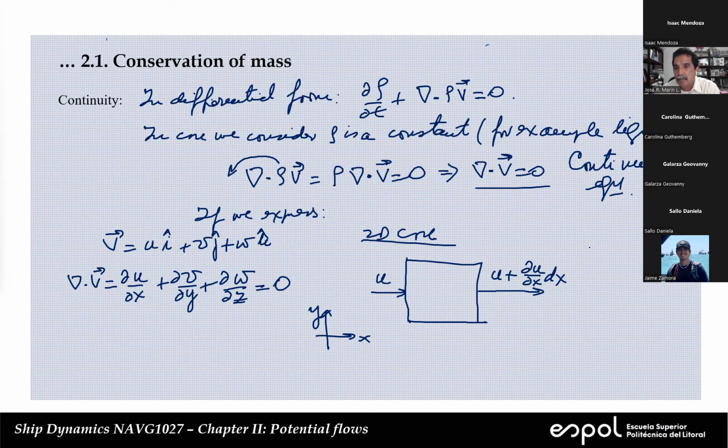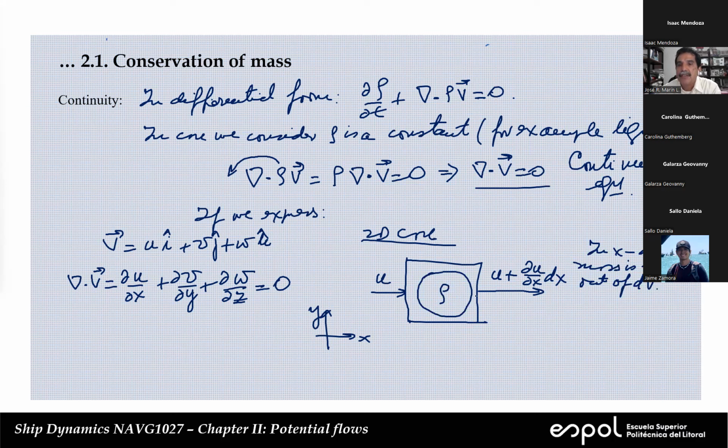So in the x direction, mass is flowing out of dv. That means that inside we are losing mass, but the problem is that the density in here doesn't change.